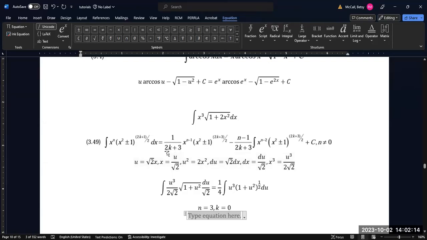For right now, I'm going to get 1 over 2k plus 3. K is 0, so this is going to be 1/3. And then x to the n minus 1 is going to be x squared.